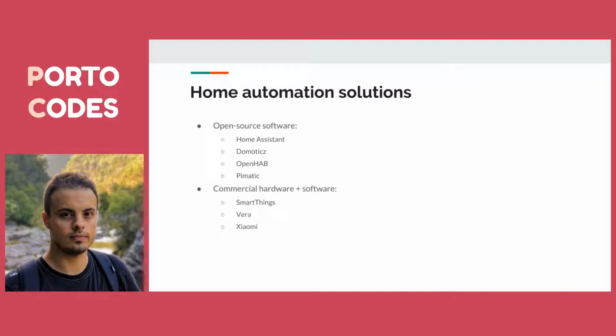I list some here. I'm currently using Home Assistant, and this is the one that I will be talking about next. Domoticz and openHAB are very popular. They have a big community, and they have lots of integrations with everything from vacuums to TVs, etc.